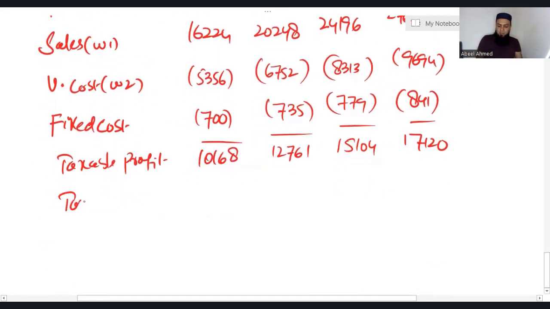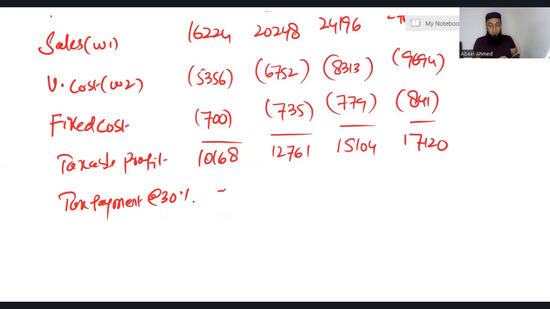Now tax payment at the rate 30%. Since tax is paid with a delay of 1 year, the T1 tax will be paid in T2. How do we calculate tax? Taxable profit is 10,168 in T1. Multiply by 30%. I'm getting 3,050.